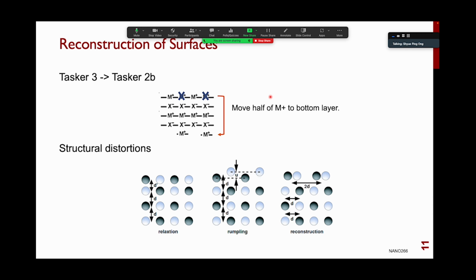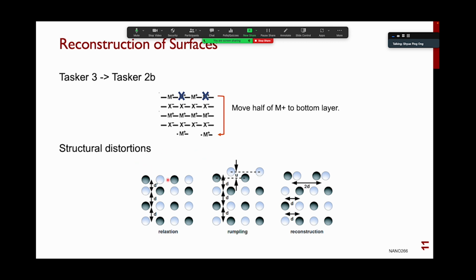Now, surfaces are very different environments from your bulk. You can imagine that atoms at the surface are undercoordinated.